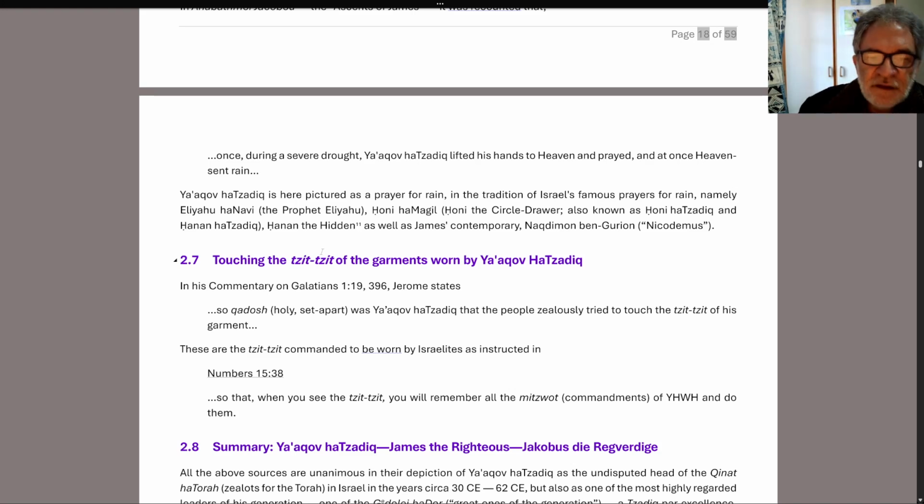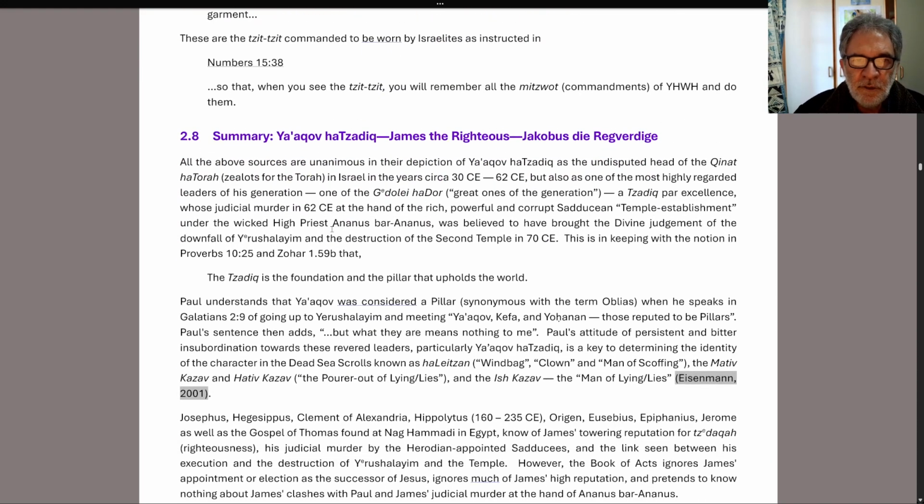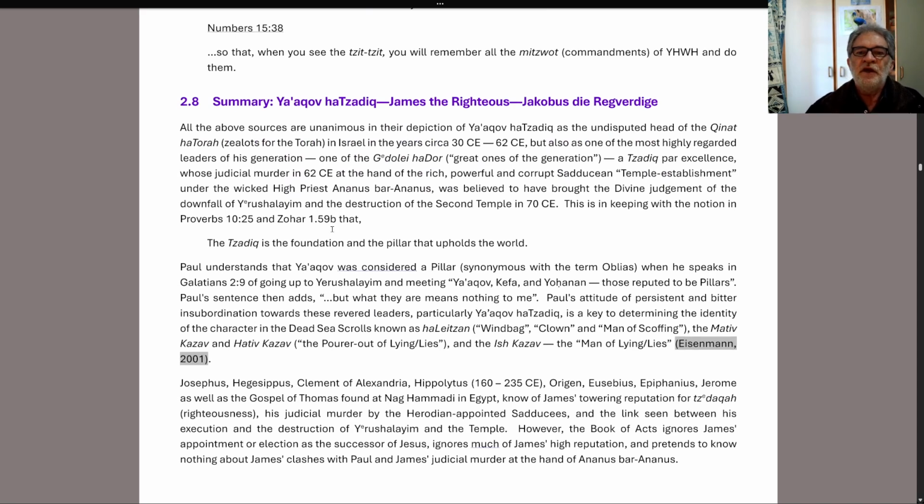These are the tzitzit commanded to be worn by Israelites as instructed in Sefer HaPekudim, Numbers, chapter 15, so that when you see the tzitzit, you will remember all the mitzvot, all the commandments of Hashem, and do them. Okay, so in summary, Yaakov Tzaddik, James the righteous, Jacobus die rechtvaardige in some of the Western European languages.